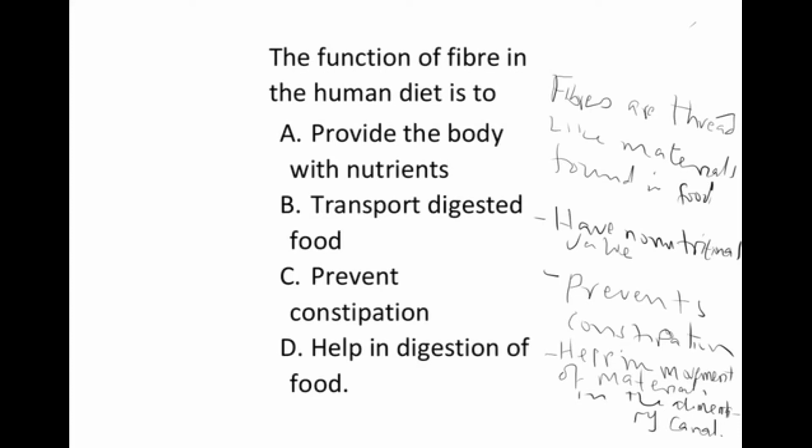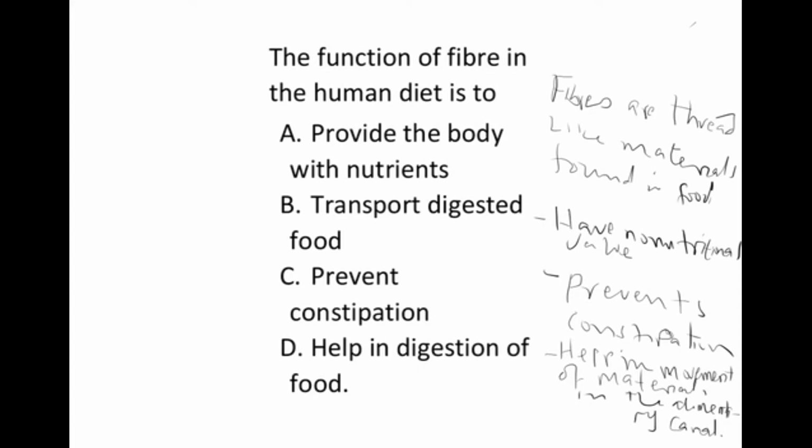C, prevents constipation. Here we have said now fibers, they prevent constipation by aiding or by helping in the movement of the materials in the alimentary canal out of the body. We say now the alimentary canal involves all the parts of the digestive system. And D, helps in the digestion of food. Digestion of food takes place in various parts that include the mouth, the stomach, and the small intestine.